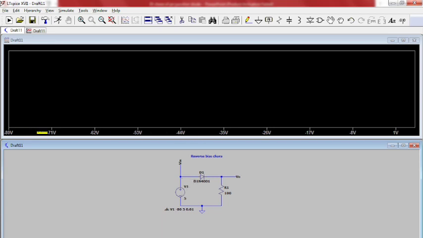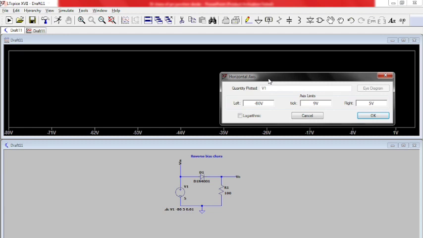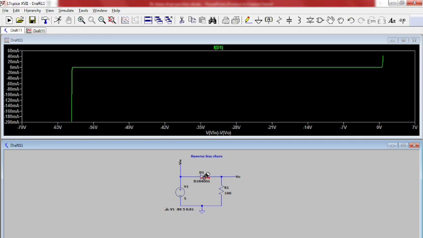If we want to change anything in our x-axis values, we should change the x-axis to minus V of V naught, and to find the current just click here.